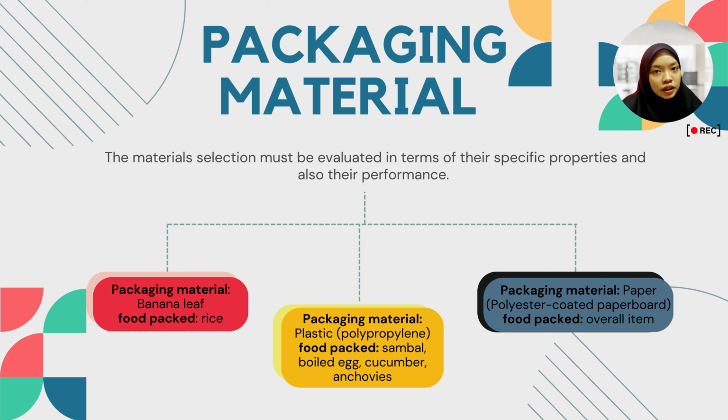Packaging material selection is one of the important factors to be considered in the design of packaging after we choose the food material. So it is important to evaluate the safety of the material selection, behavior at different conditions, and effect of the material selected toward the food that they pack.